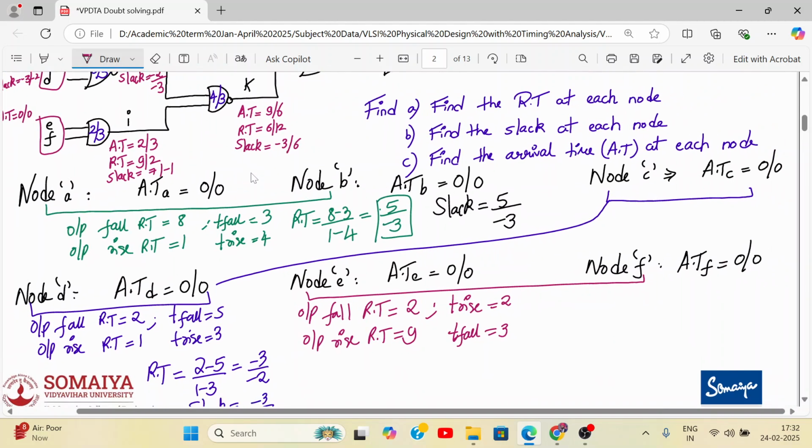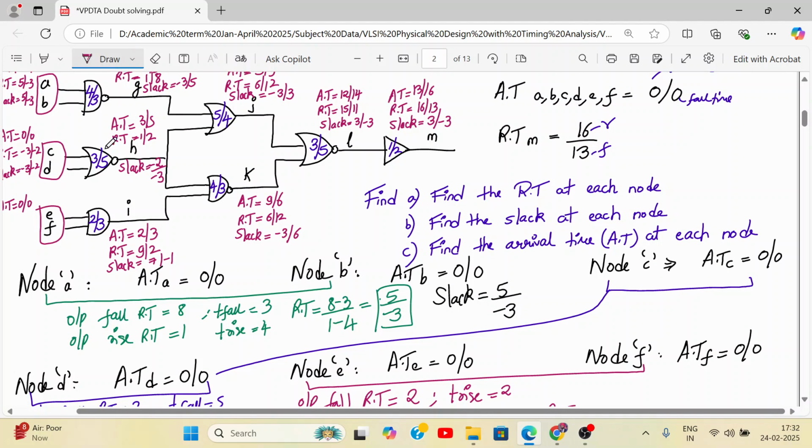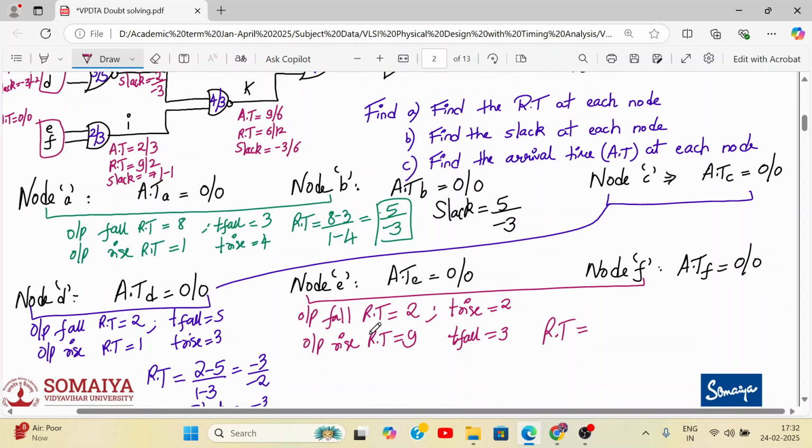Alright. So now let us calculate the required time over here. The required time will be output rise required time minus T rise, since it's a non-inverting gate, others were inverting gates. So fall was coming first and below it rise. Here it is rise first. So output rise required time minus T rise, that will be 9 minus 2, upon 2 minus 3.